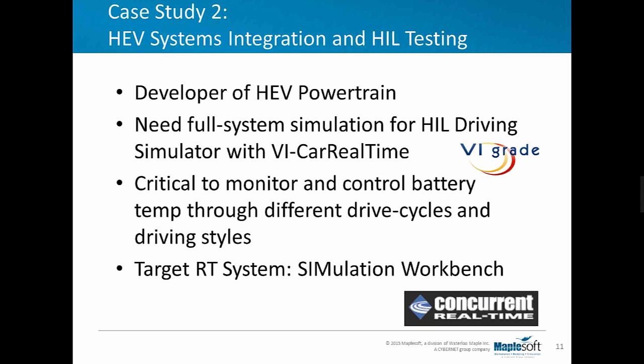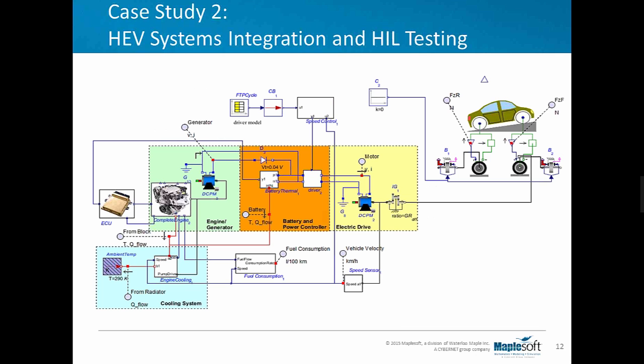And the implementation environment in this case was the simulation workbench from Concurrent. Here we see a sample model that includes the parts that we just talked about. We have at the end here a representation of a vehicle, and this is done just to test the model within the simulation environment before exporting.